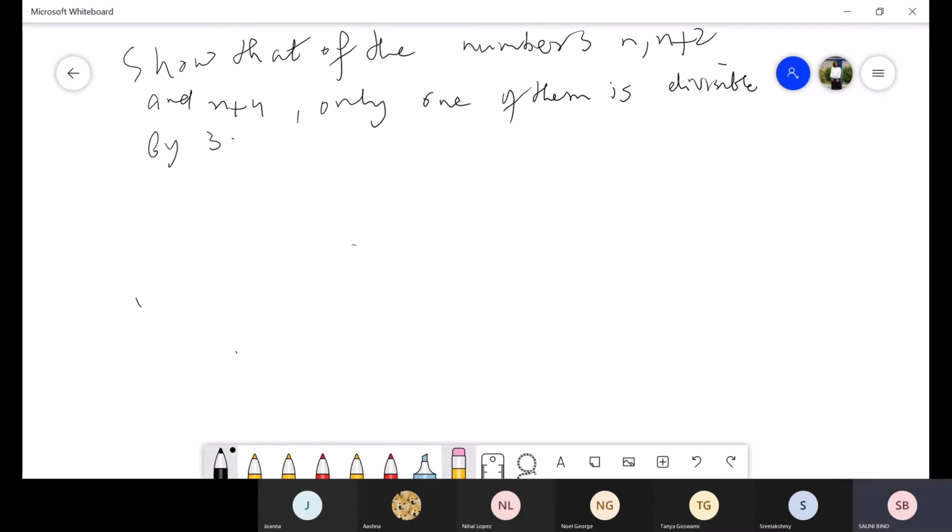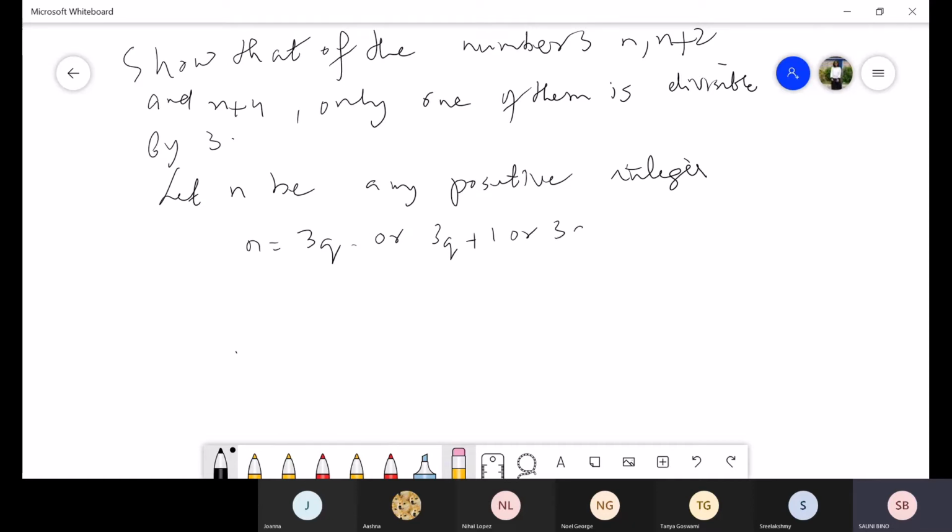Did you write the question? I'm going to explain. Listen. So let n be any positive integer. Then n will be equal to 3q. For a positive integer, we can write it as 3q or 3q plus 1 or 3q plus 2.